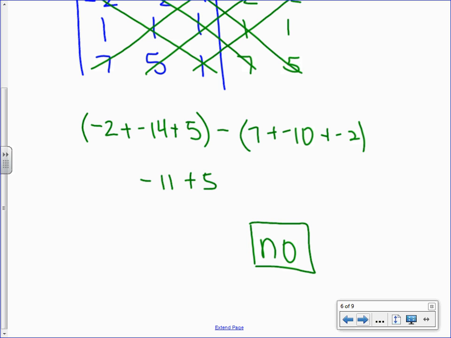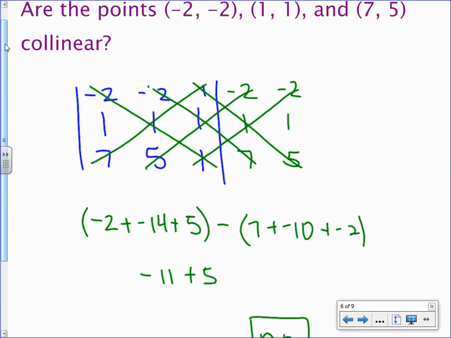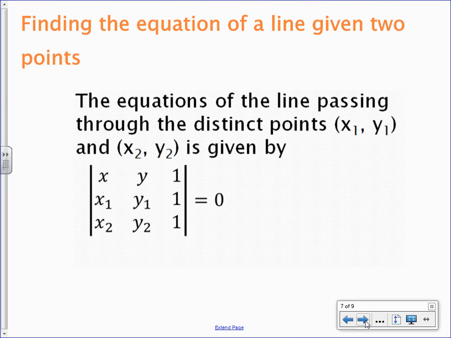If we have 3 points that make a line, when we put them into this determinant, that determinant is 0, correct? So if we know 2 points, we can just make a generic XY coordinate to plug into that matrix. We know that this determinant is going to be 0, and by solving this determinant, we can actually write the equation of the line.